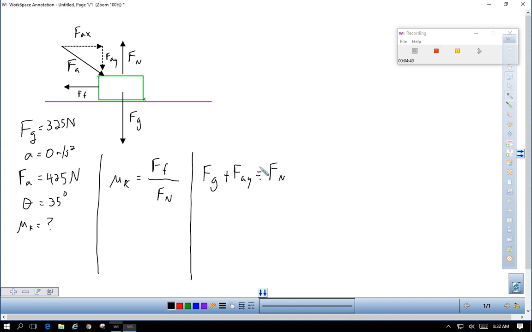So Fn is actually going to be larger than Fg in this case. In the x dimension, we have Ff and Fax, and those are the only two, so they will be equal to each other. Ff equals Fax.